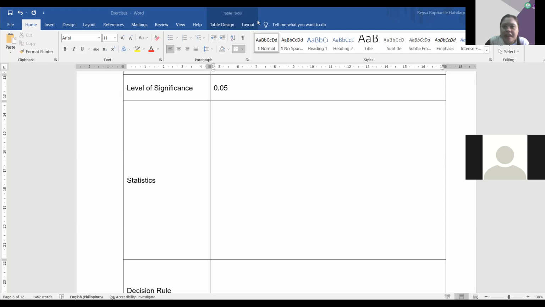Sige, let me write our formula sa screen. Our formula for the z-score here is x1 minus x2 divided by square root of the s1 squared divided by the n1 plus, let me check. Sige, mali ako.